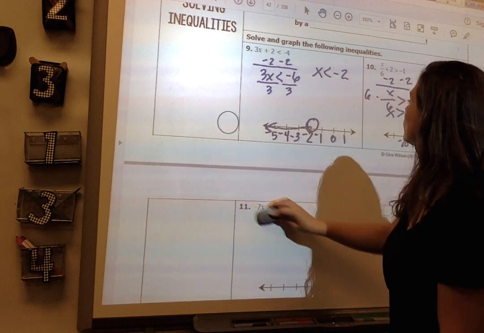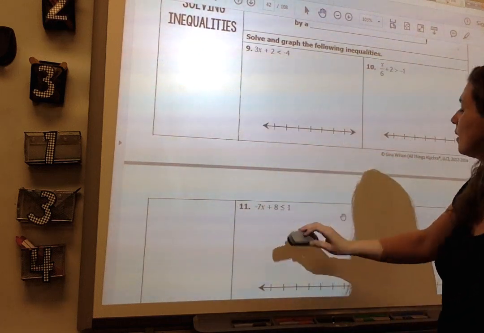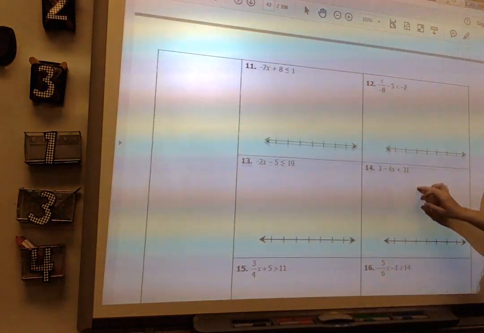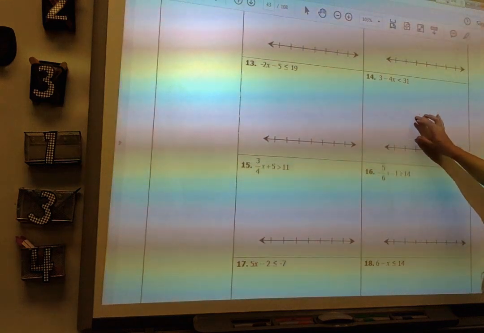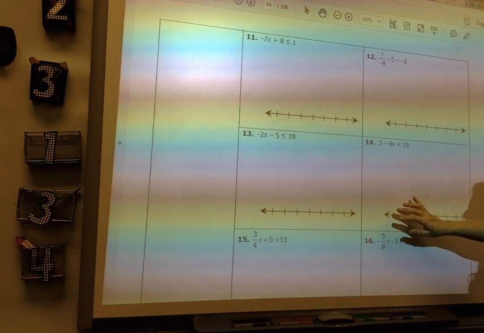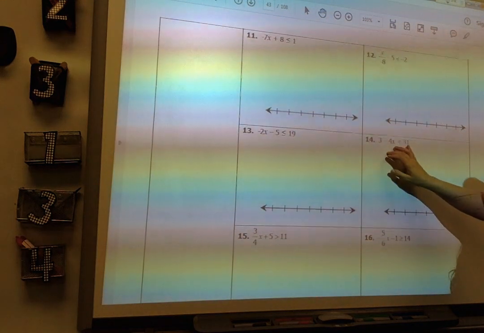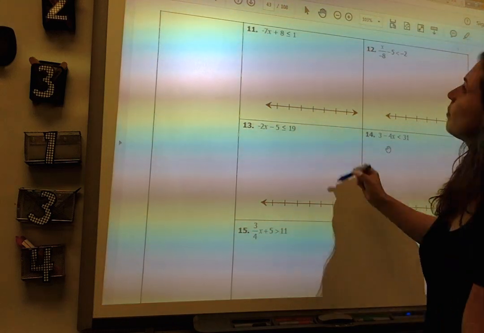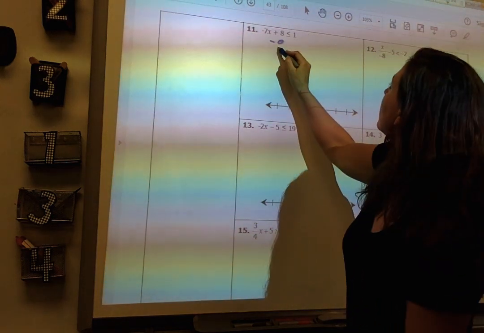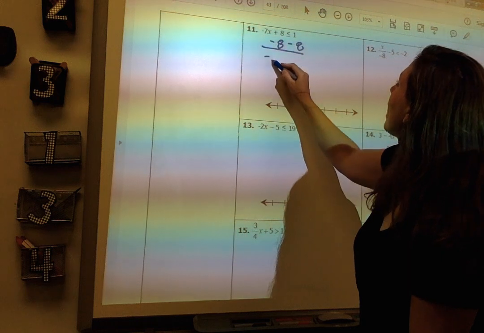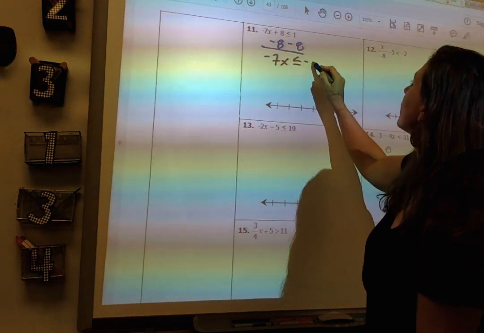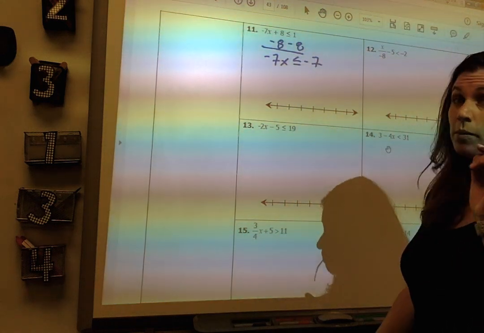Now, let's do some ones where we flip. All right, so let's do 11. So number 11, I'm going to subtract 8 on both sides. Here I get negative 7x is less than or equal to negative 7. Now remember my rule.